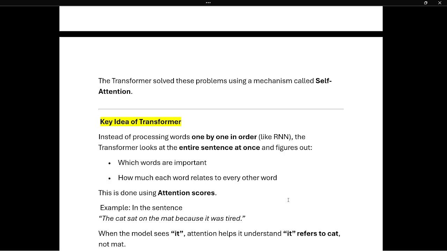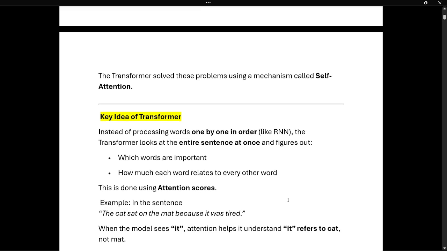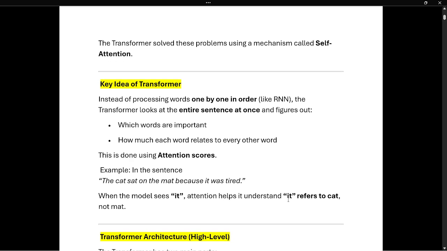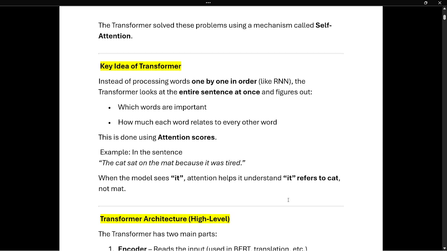Based on their attention scores, we generate the next word. In the example, when the model sees 'the cat sat on the mat because it was tired', attention helps it understand that 'it' refers to the cat, not the mat. That way, self attention finds the attention scores, and based on that we generate the next word.